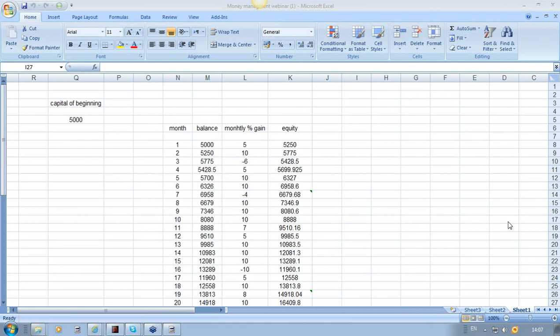Promise. Okay, friends, this is an example of classical trading. There are clear advantages with that, and there are clear disadvantages with that, and I will explain all. First of all, what is that? This is how I call it, the percent growth account.